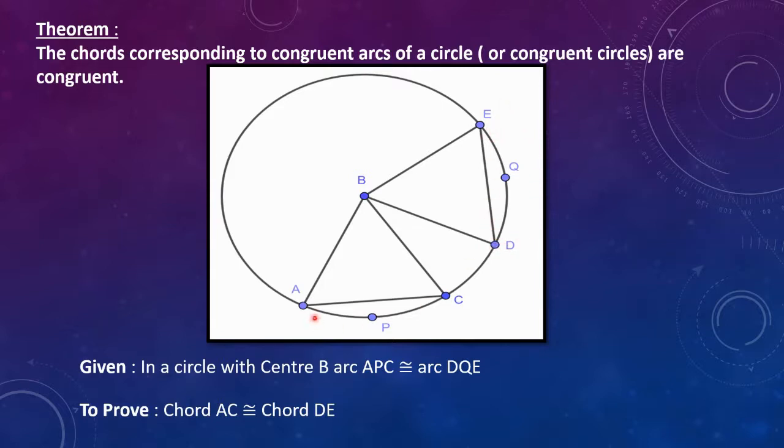Since these two arcs are equal, the chords AC and DE should also be equal. That is what is given to us. In the statement of the theorem, in the circle with center B, arc APC is congruent to arc DQE, and we have to prove that chord AC is congruent to chord DE.